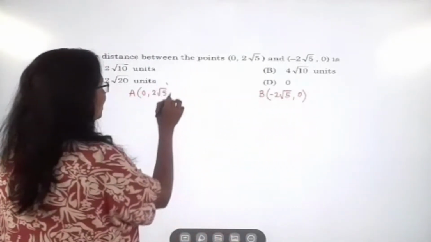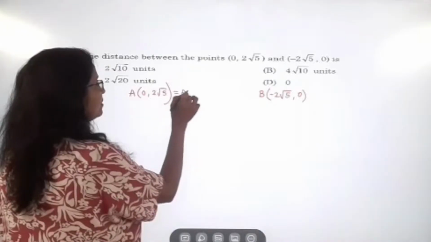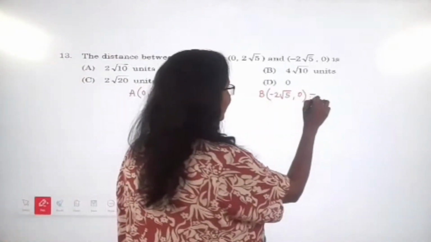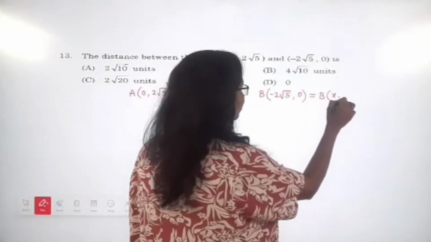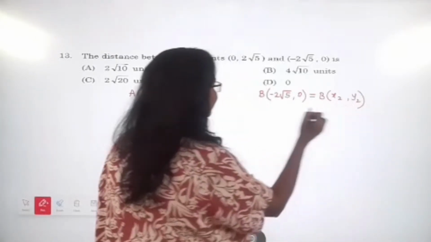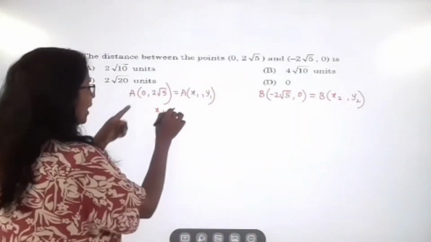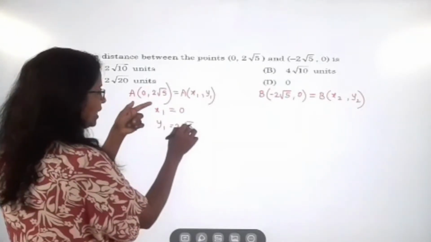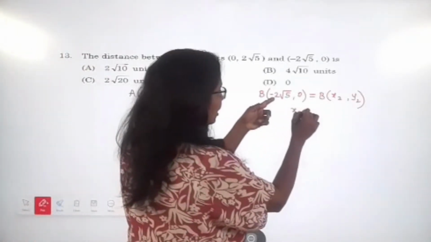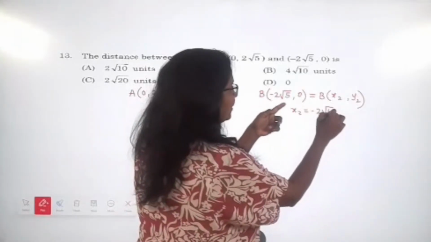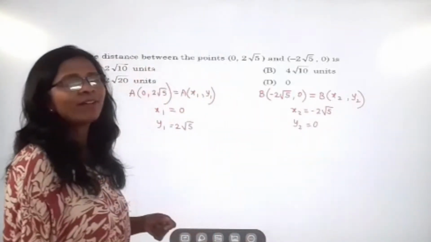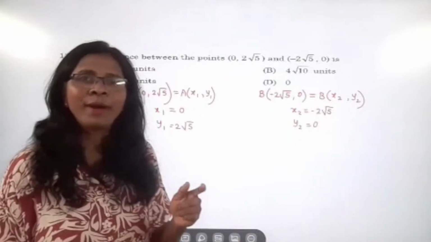The first point is considered as x1, y1, and the second one as x2, y2. That means x1 becomes 0 and y1 becomes 2 root 5, and x2 becomes minus 2 root 5 and y2 becomes 0. Now we have the values of x1, x2, y1, y2.